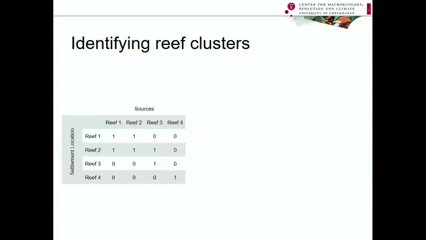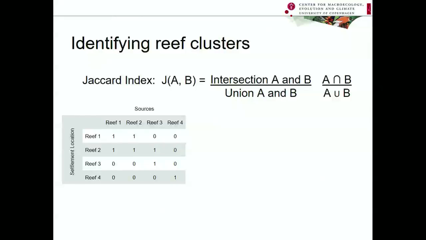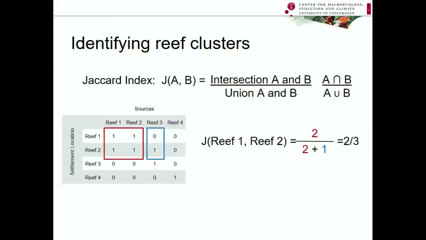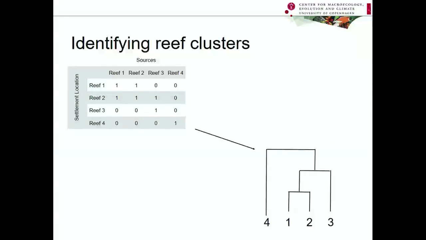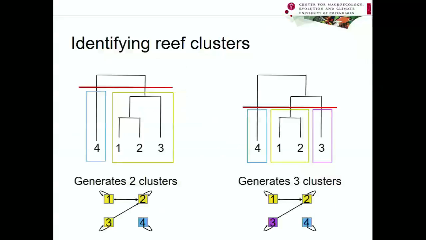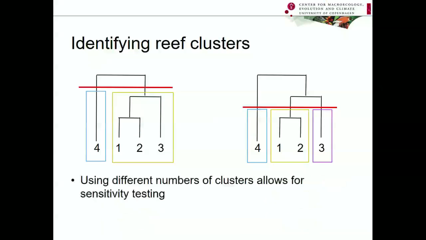So we can present that in a connectivity matrix, and then using an appropriate similarity metric, we can compare every reef and understand how similar they are in terms of where they receive larvae from. Using that, generating a dendrogram and extracting clusters. So we can use this approach to generate different numbers of clusters, and that allows us to sensitivity test the analysis, and that's how I also investigate the effect of scale here, by using different numbers of clusters.